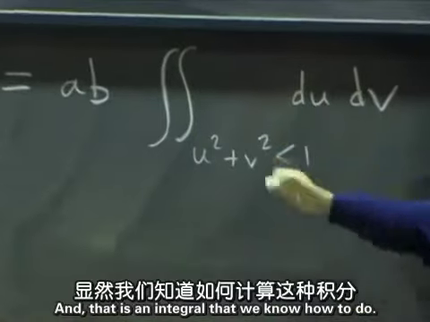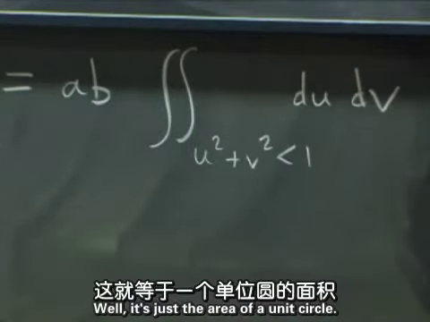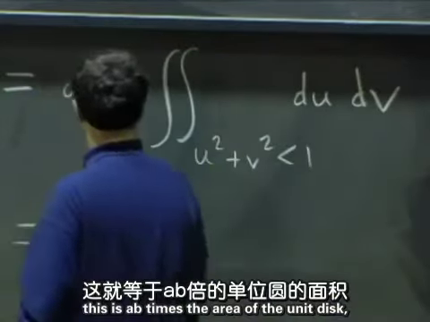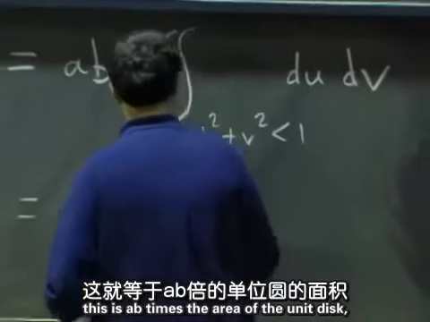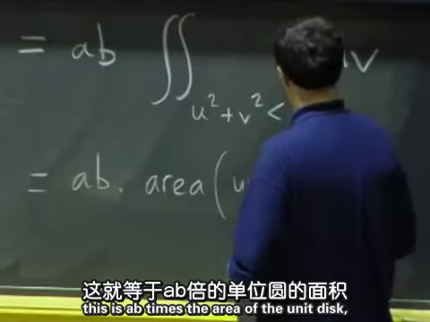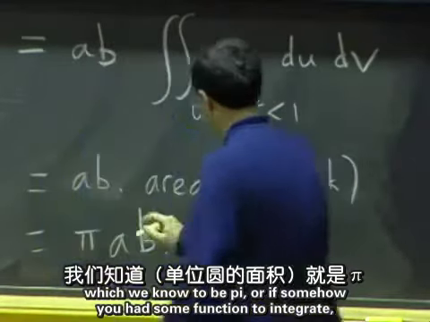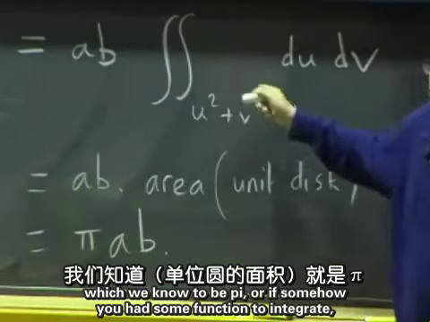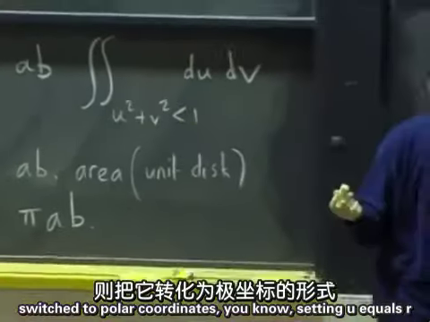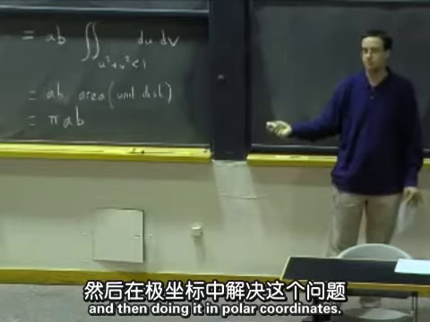And that is an integral that we know how to do, because it's just the area of a unit disk, which we know to be pi. Or if somehow you had some function to integrate, then you could have switched to polar coordinates, setting u equals r cos theta, v equals r sin theta, and then doing it in polar coordinates.